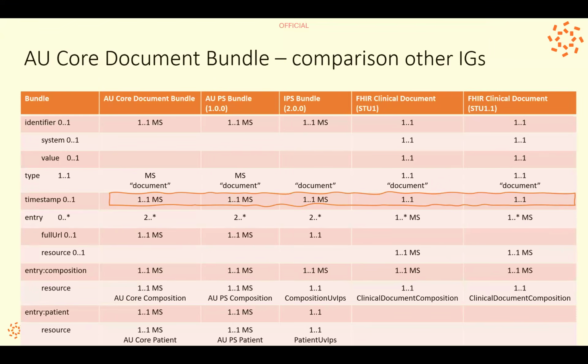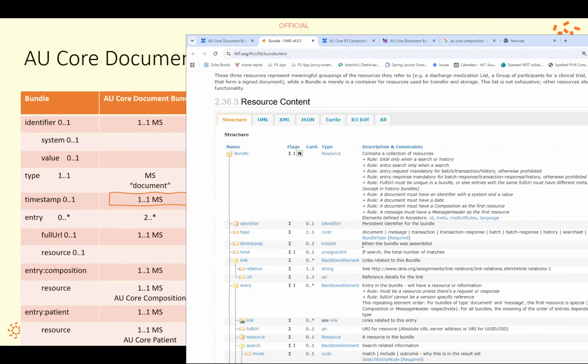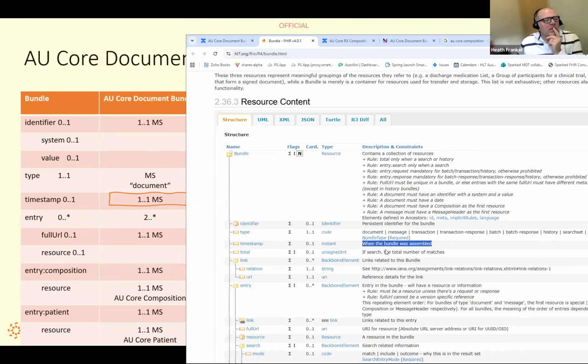Yeah, it's essentially mandatory. Like with identifier, there are some invariants present on the bundle resource that say if it's type document versus search set, then identifier must be present, and it's the same with timestamp. So that is mandatory. That's just us making it clear on the cardinality when that rule is already there.